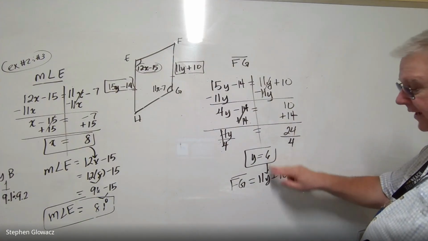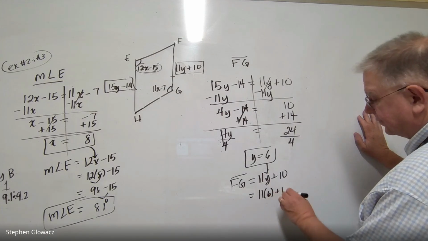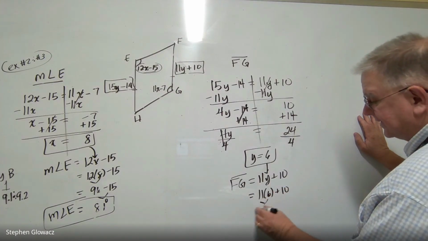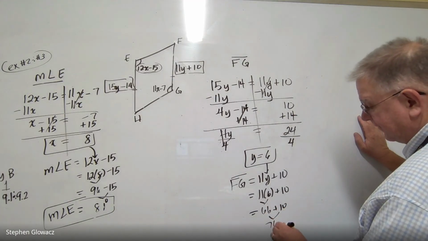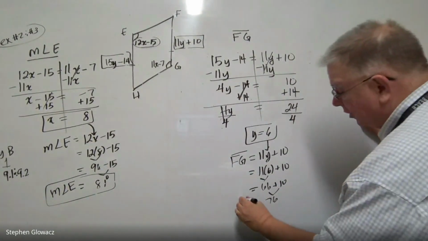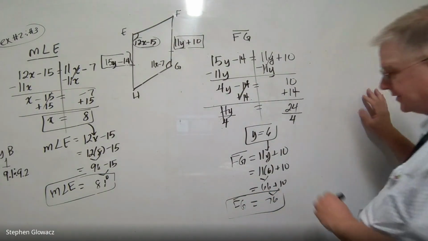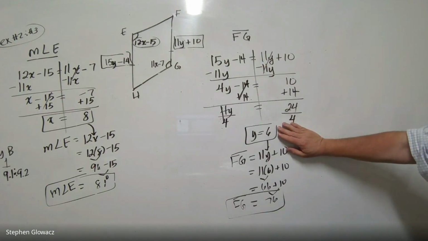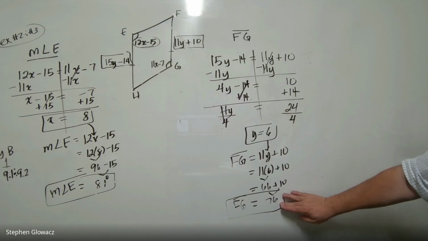Remember, y is 6, so we're going to substitute that in for y. 11 times 6 is 66. And then plus 10 is 76. Make sure we can see that okay. All right, so the length of side FG would be 76. So again, two parts really to the answer. y is 6, and then the length of FG would be 76.